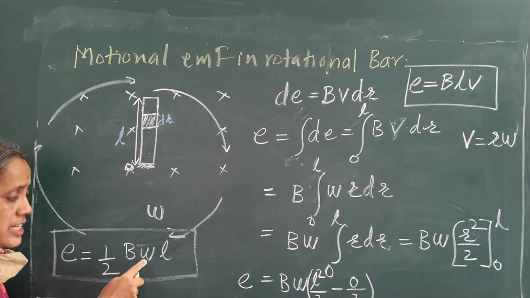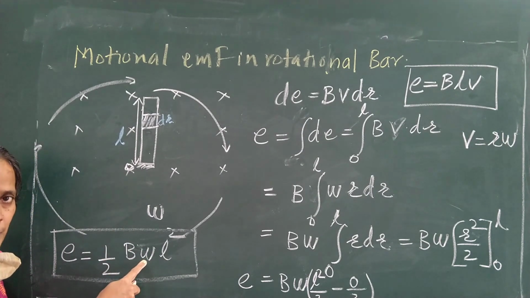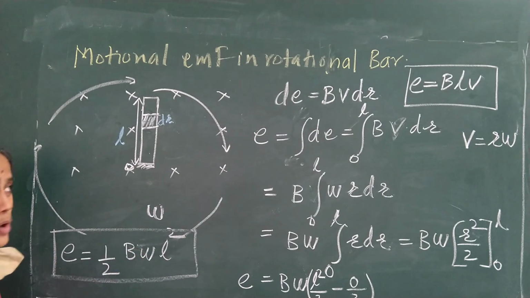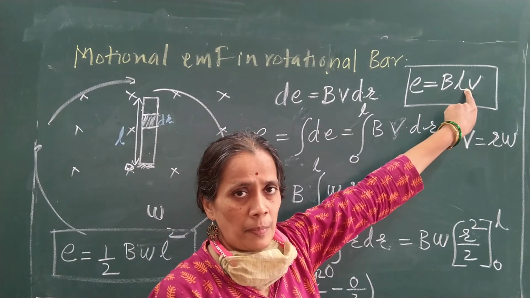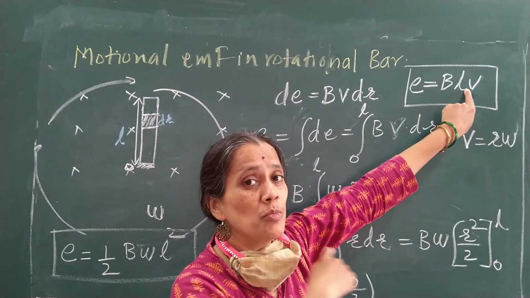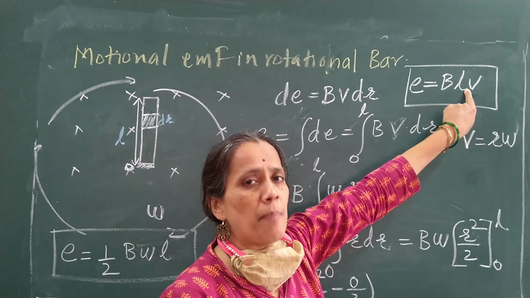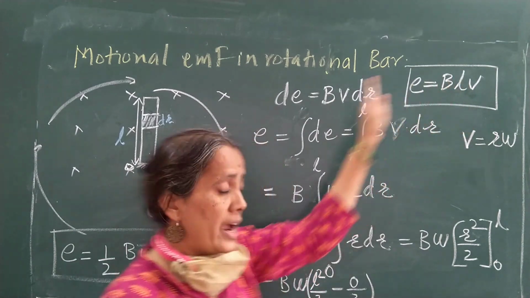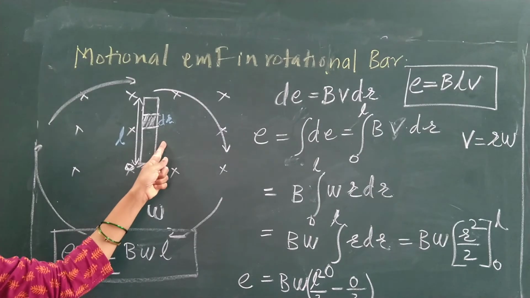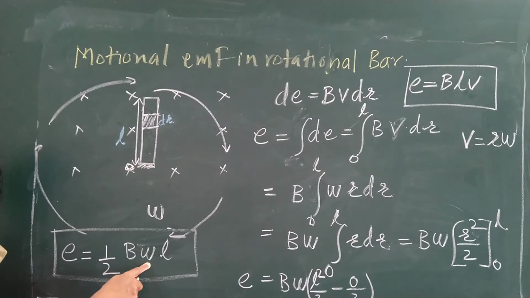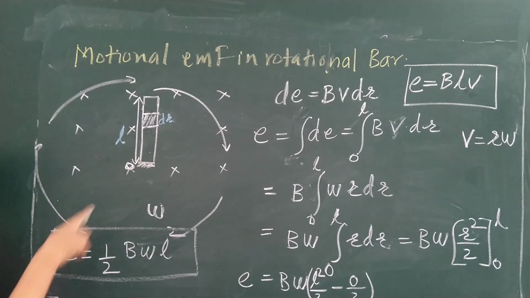Therefore this EMF is in terms of omega. So this is the difference. Why does V come in there? Because the conducting bar is moving along a linear path with velocity V, and here the bar is rotating with angular velocity omega. So this is the difference.